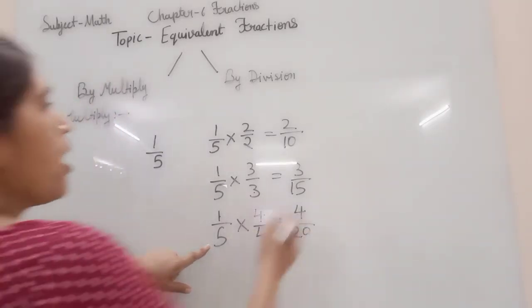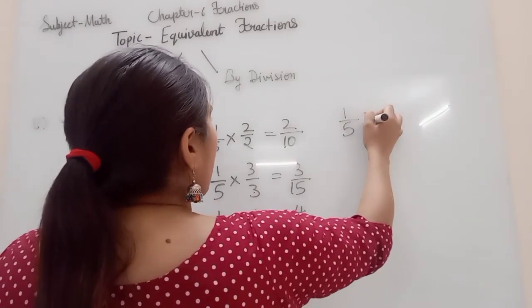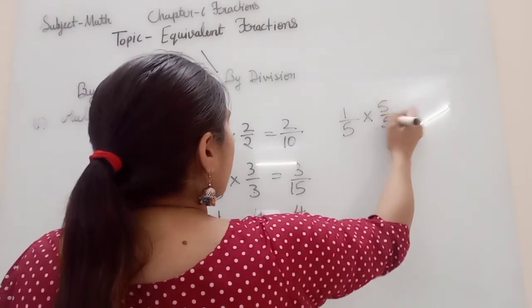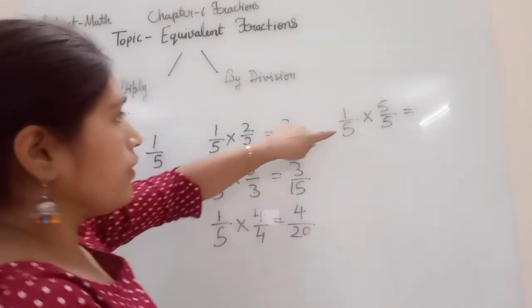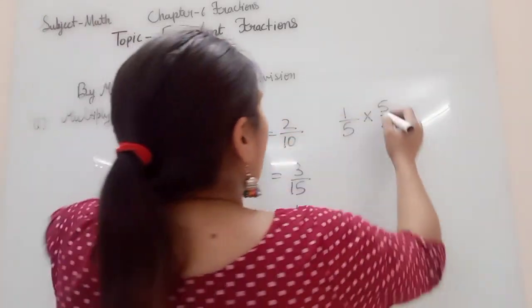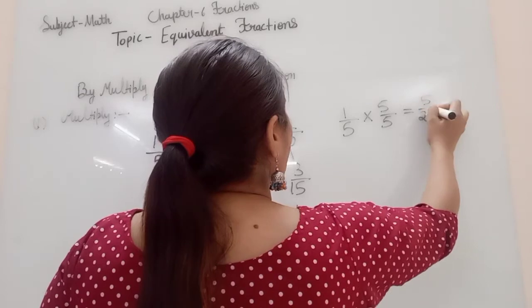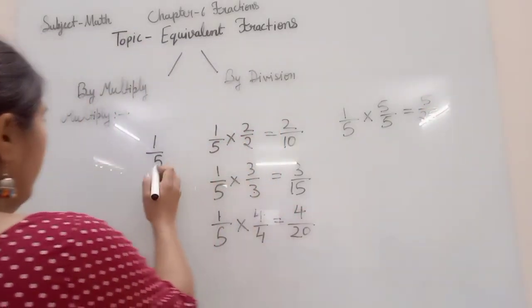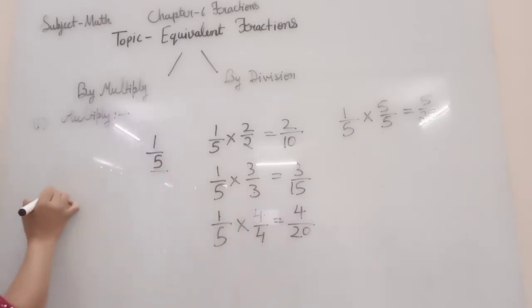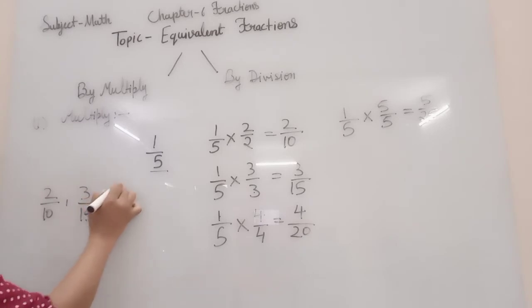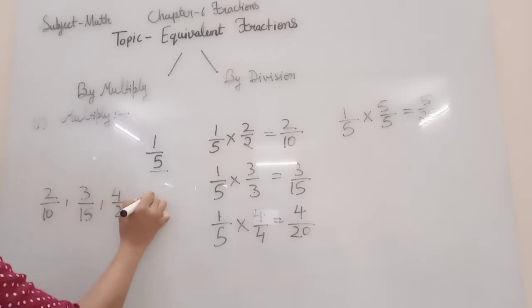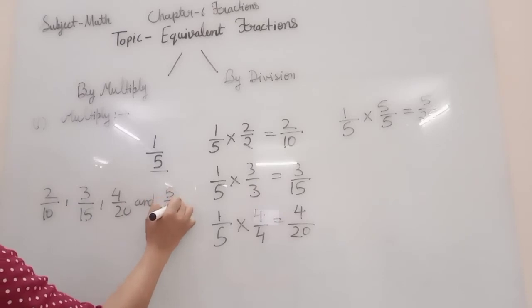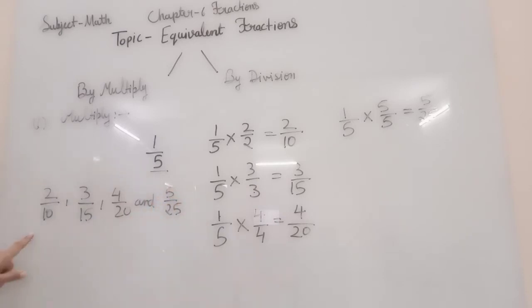And 1 by 5 multiplied by 5, with the same number on the numerator and the denominator: 5 ones are 5, 5 fives are 25. So I have found the 4 equivalent fractions for 1 by 5: 2 by 10, 3 by 15, 4 by 20 and 5 by 25.